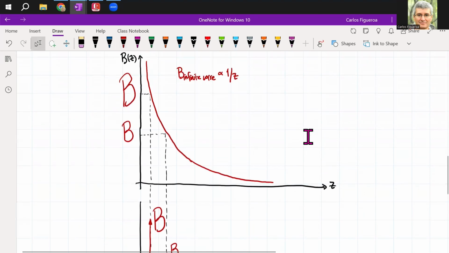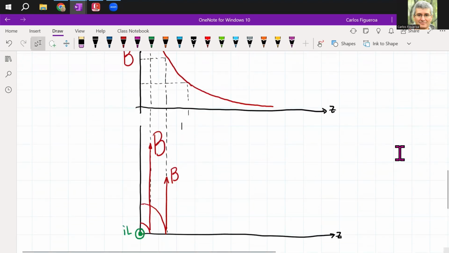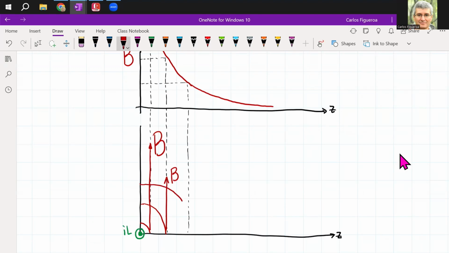And as I continue to move along here, maybe I come all the way over to here. Now, if I start following this all the way out, what I'm doing is just counting squares. When I look at this magnetic field, you can see that automatically the field lines are getting farther apart.